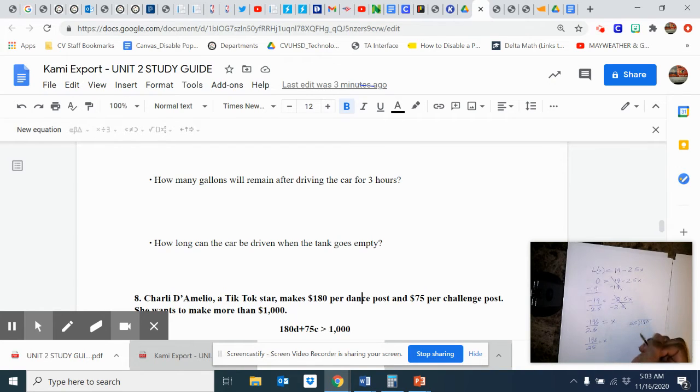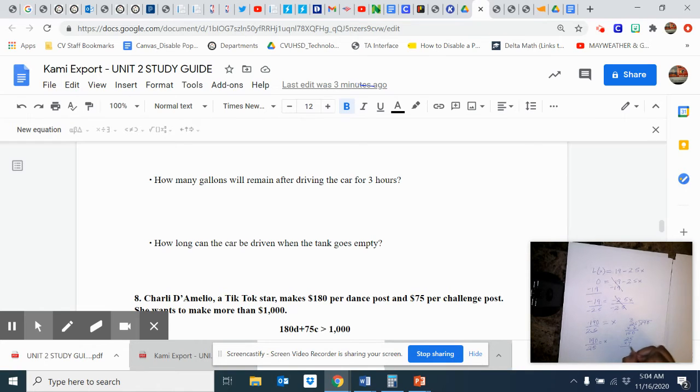Let me think. 4 quarters make $1, so 25 times 4 is 100, and 25 times 8 is 200. So let's look at 7 or possibly 6. Let's use 6. 6 times 25 is 150. That's a little too low.